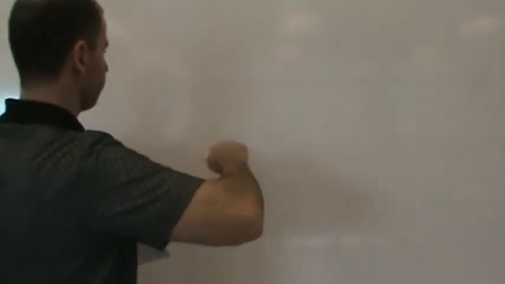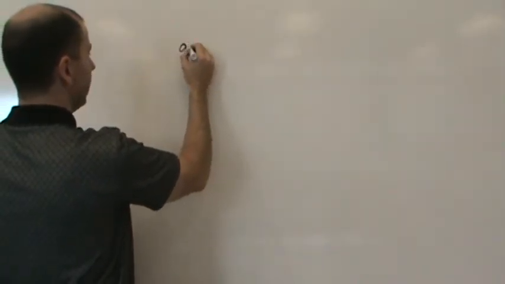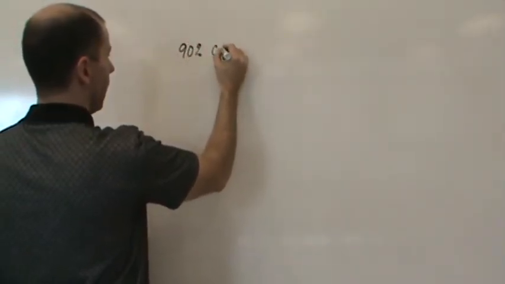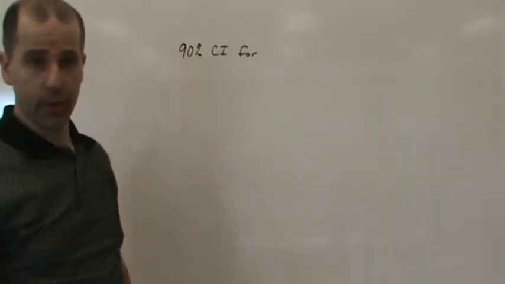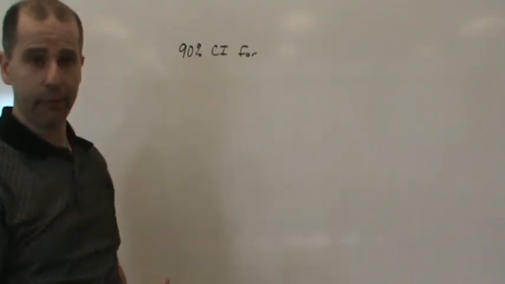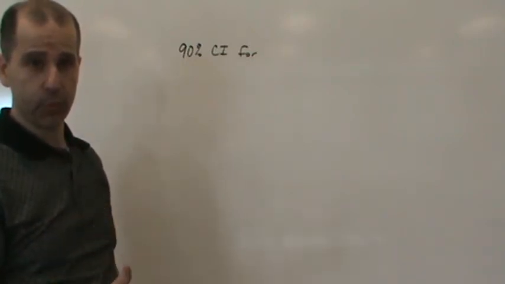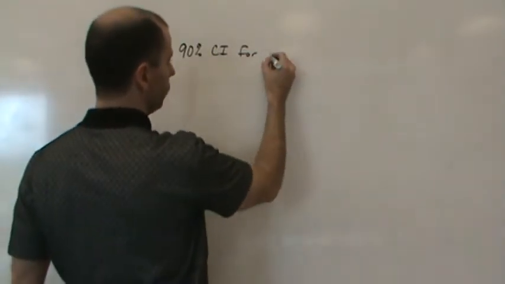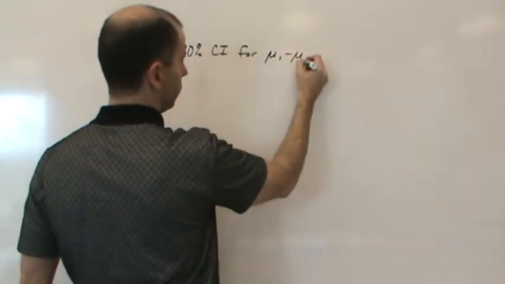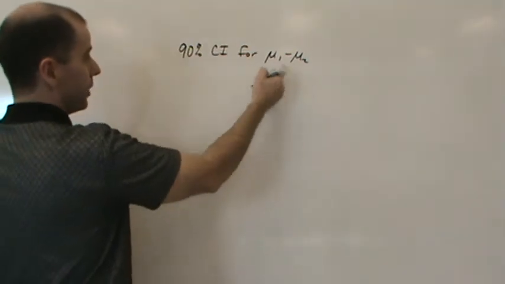So now, we want a 90% confidence interval for what? The true difference between the average trunk diameter of spruce trees and pine trees. So mu1 minus mu2. And again, which population are you going to make?